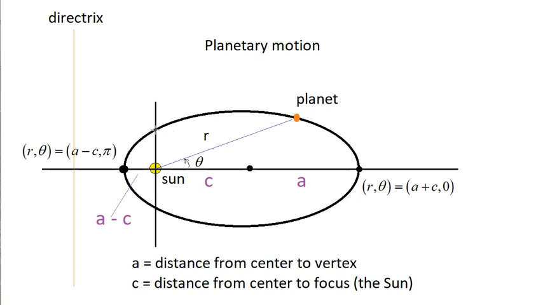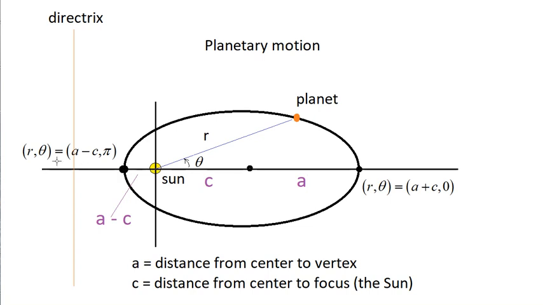Then of course when the planet is at this point, this is when theta is 90 degrees, or pi over 2. And then when the planet is here, theta will be pi, or 180 degrees. And then when the planet is here, theta will be 3 pi over 2, or 270 degrees. Now when the planet is at this point, that's when it's closest to the Sun.